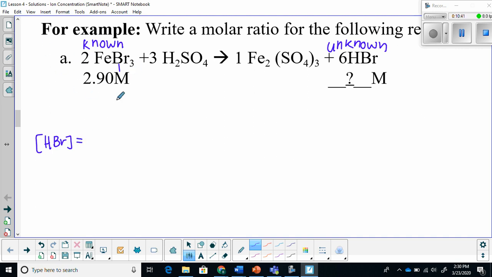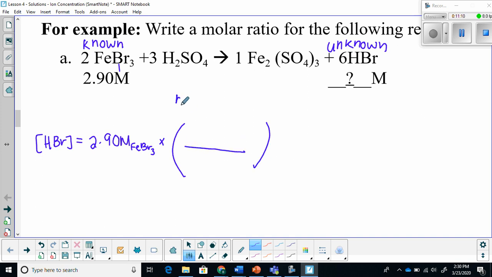So I know I have 2.90 capital M, which means mole per liter, of iron bromide, iron 3 bromide. Then we need to convert this. We're going to use our molar ratio.